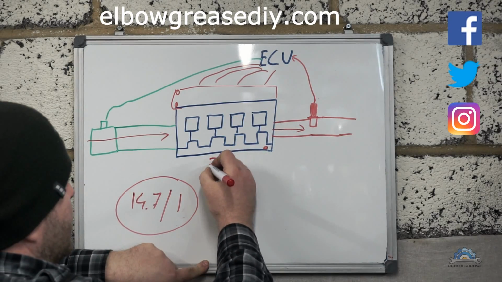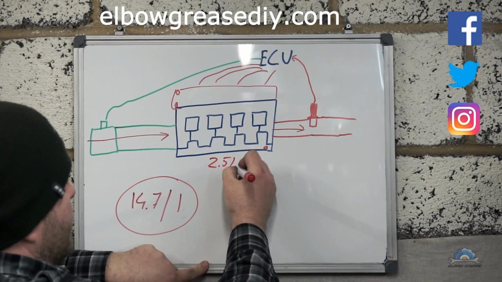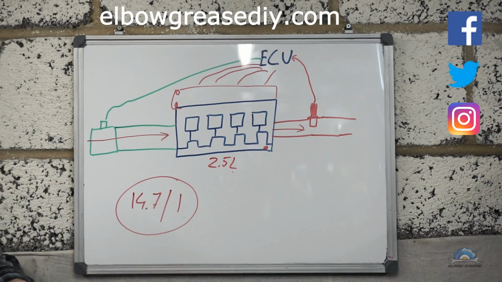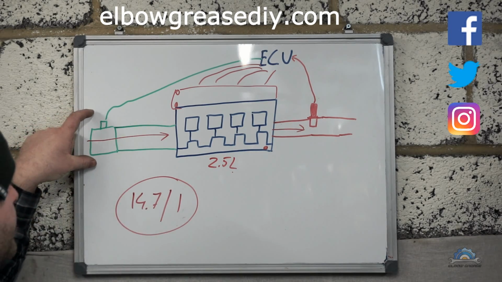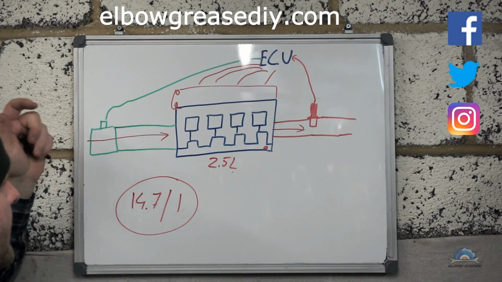So we got the MAF, we got the engine, we got the O2 sensor. For example, let's say this is a 2.5 liter engine, displacement same as mine, and what are fuel trims?